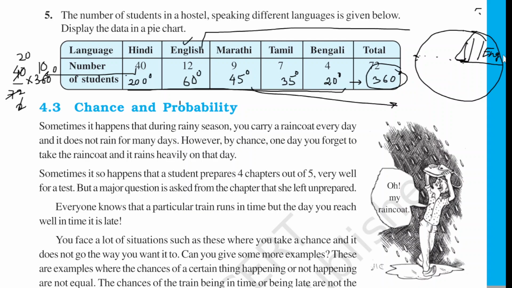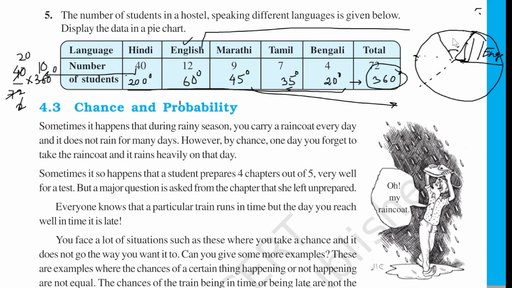Then we will keep our protractor on this one and draw 35 degrees. For Tamil, 35 degrees will come something like this.